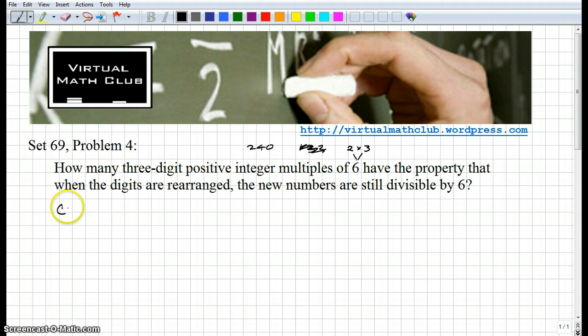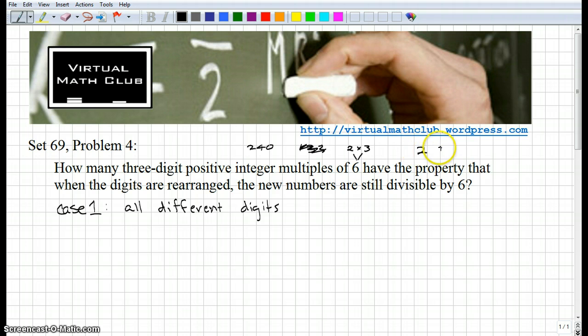Let's see. So I'm going to look at case 1. And for case 1, I'm going to assume that all the digits are different. Okay, so all different digits. So let's list out the numbers that we could have to work with.